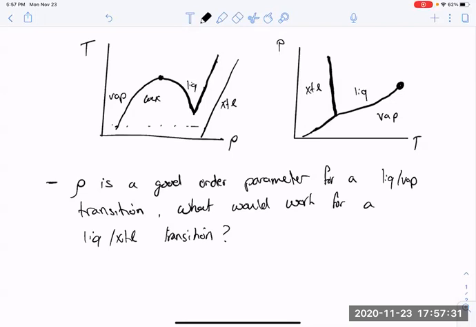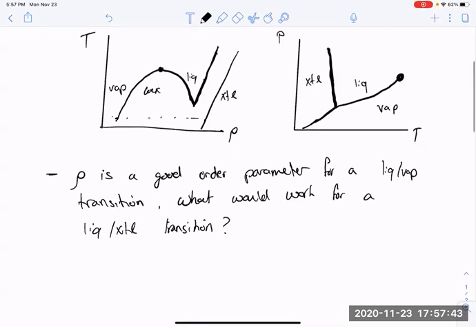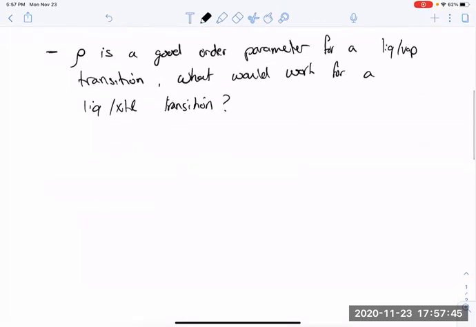Water will decrease its density when it freezes. So the density is not something that uniquely differentiates a liquid from a solid. To construct an order parameter, we could envision a box that is either in a liquid or crystal state.